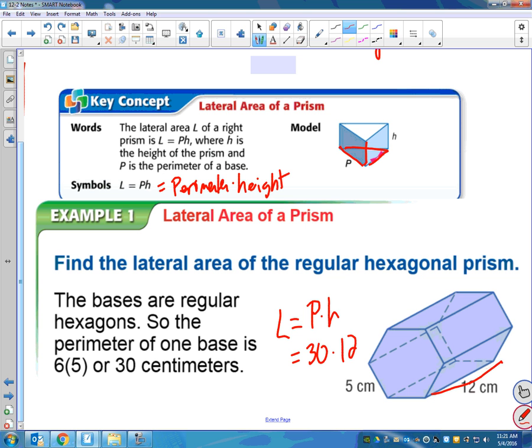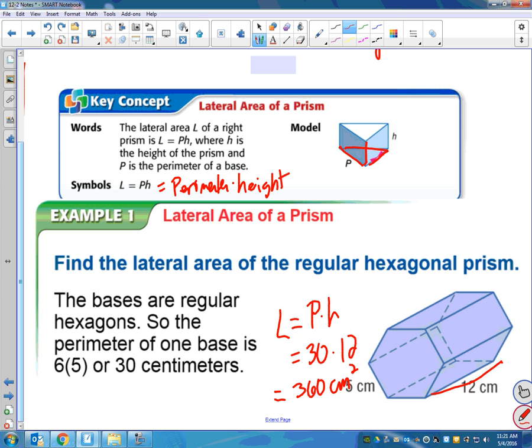So taking 30 times 12 may be a little easier than, could you take 5 times 12 and then multiply that by 6, because there's 6 rectangles that are 5 by 12? Would that also work? That would also work. It's going to be the same answer. So whichever way you see it, it's going to work. Is that 360? And that would be 360 square centimeters.